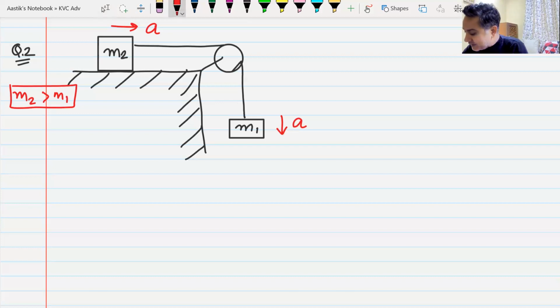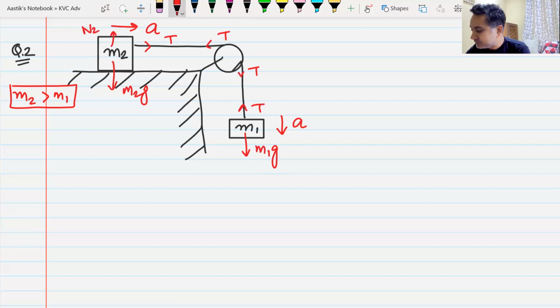We draw the free body diagram. So this one is M1G, this is T, this is T, this is T, this is T, this is M2G, and this is N2. You got this free body diagram, yes or no? Yes, sir. Now you look at this N2 and you look at this M2G.